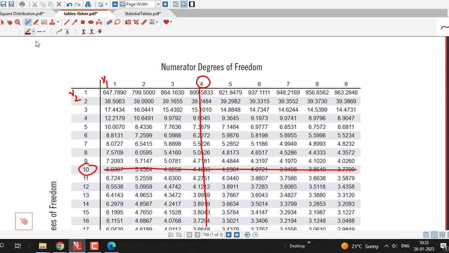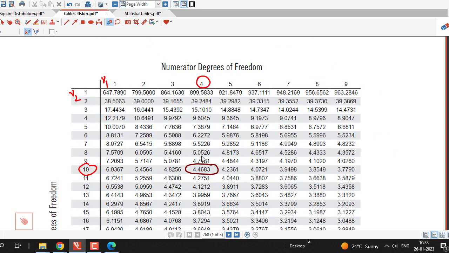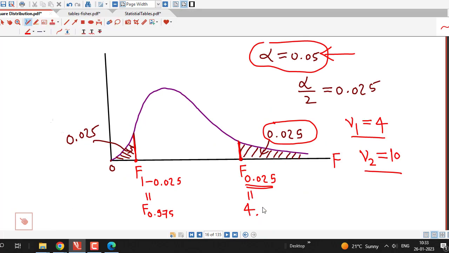I am interested in the point of intersection of these two lines, and I have 4.4683. So that is my critical value, 4.4683, and we can denote it by this notation also. We are using 0.025 level of significance, numerator degrees of freedom 4, denominator degrees of freedom 10.